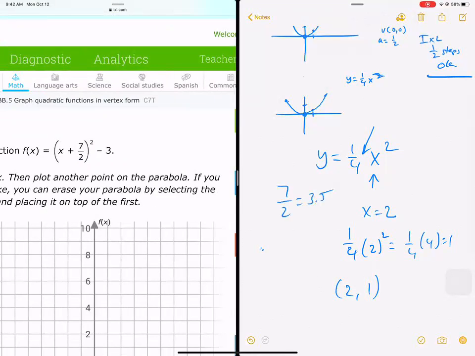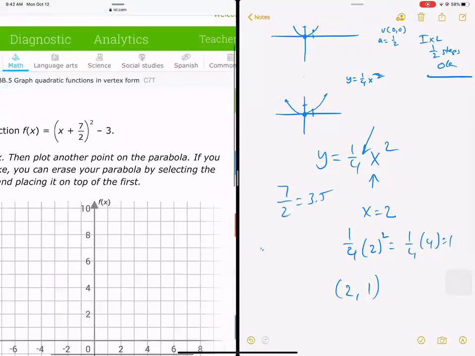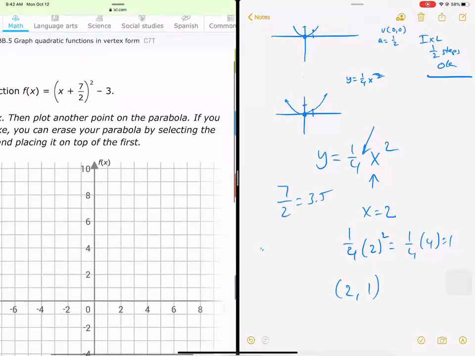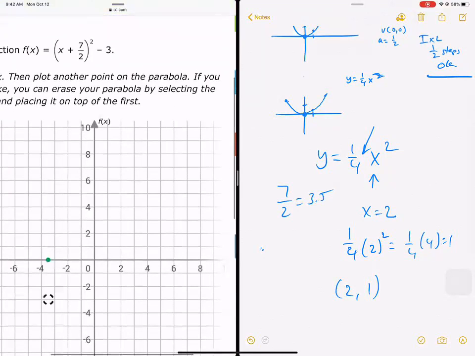You can graph 3.5, okay? So if it's 3.5, -3.5 is about right here, and we want to go 3 steps down. Okay, that's my vertex. 3.5, -3.5, and -3.